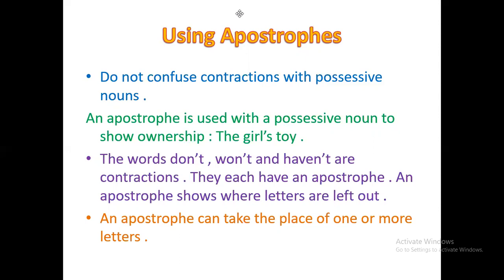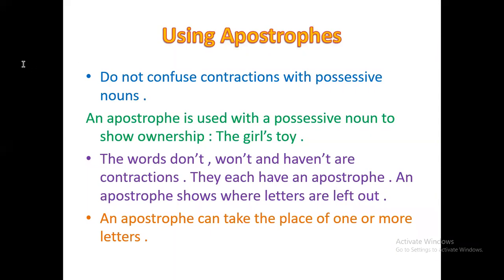Possessive nouns talk about ownership. That means when someone owns something, like when we talk about, for example, the girl's toy, the girl's hair, the boy's, the boys' room, the students' class, the parents' letter, for example.